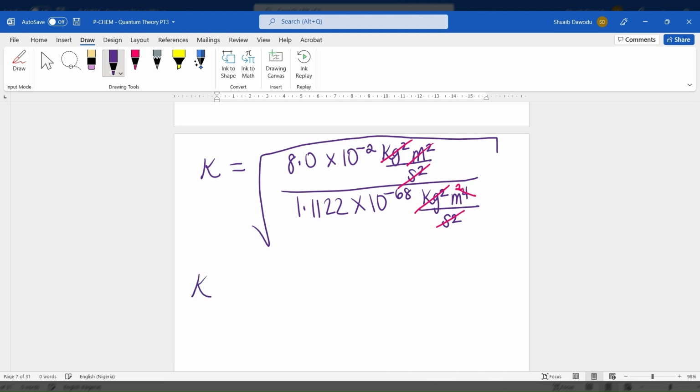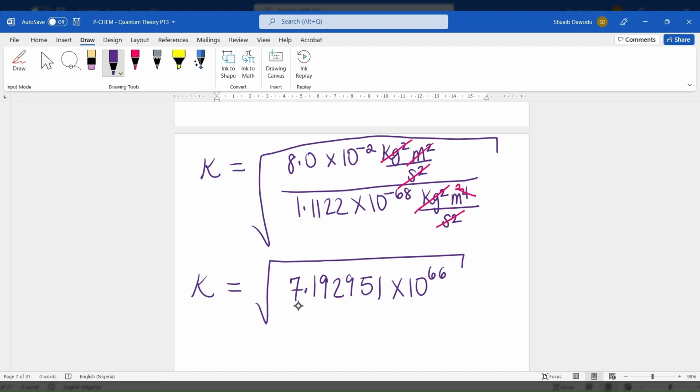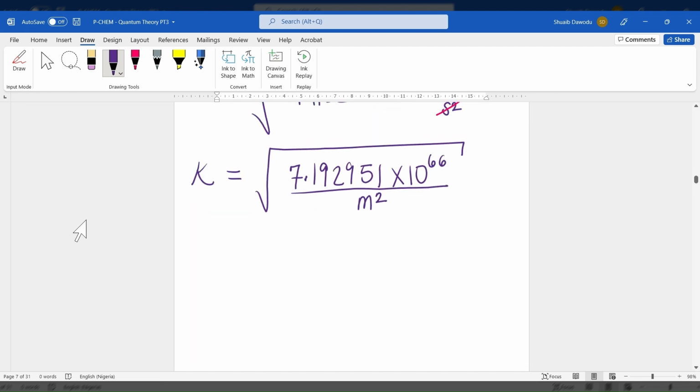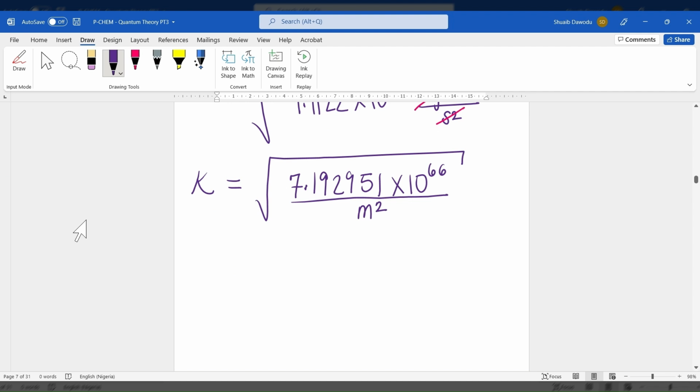So k ends up becoming the square root of 7.192951 times 10 raised to the power of 66, divided by meter squared. So that is basically the work so far. Of course, we are going to take the square root of this value.